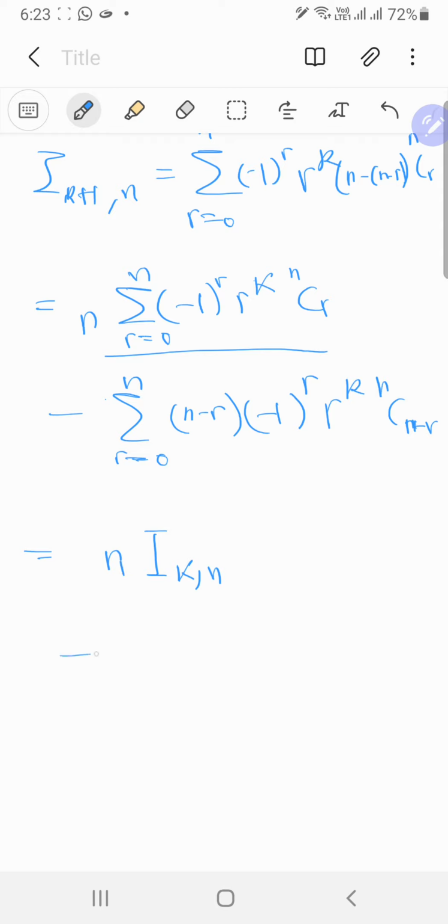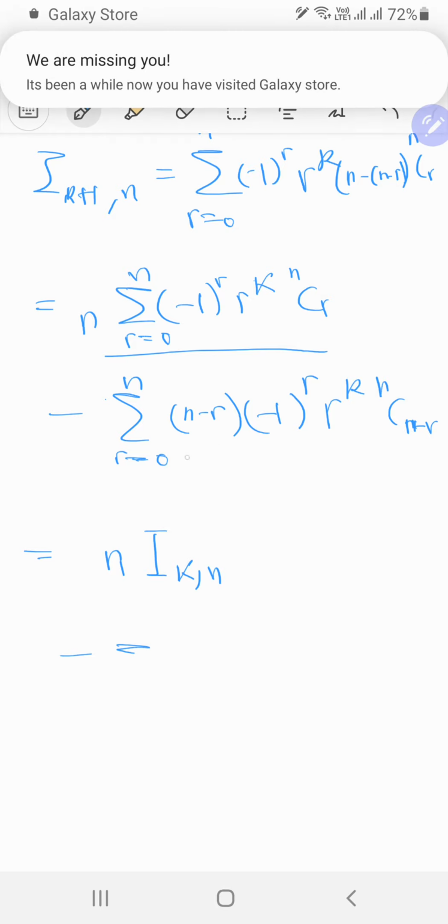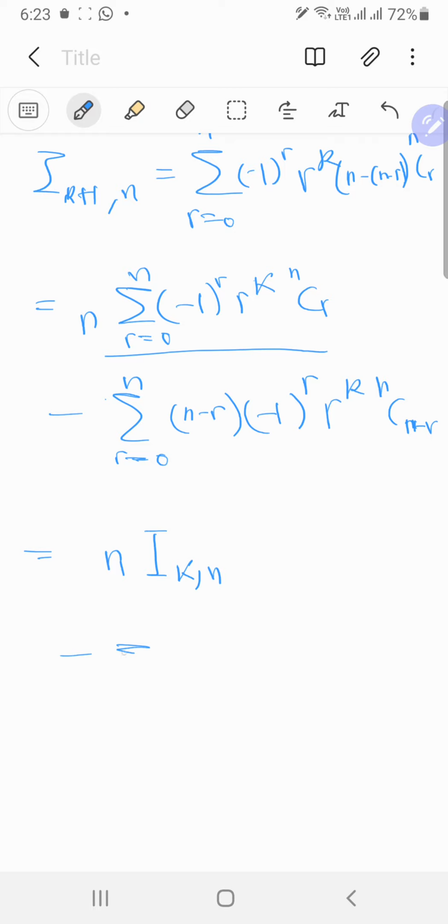So it's like negative summation. First of all, think what would happen if we put r equals n into this term. We are going to get 0, right? Because here you got this n minus r stuff. So I can just write this thing as the summation from r equals 0 to n minus 1, and I can write it like this: n upon n minus r, times (n minus 1) choose (n minus r minus 1).